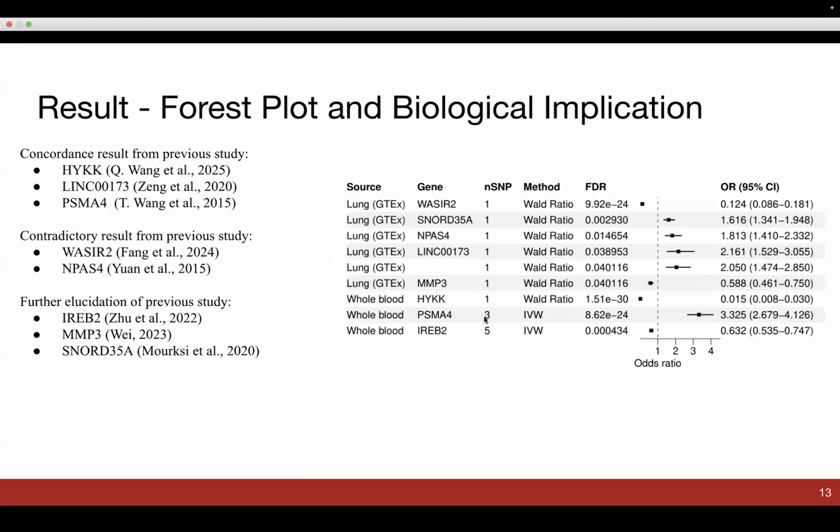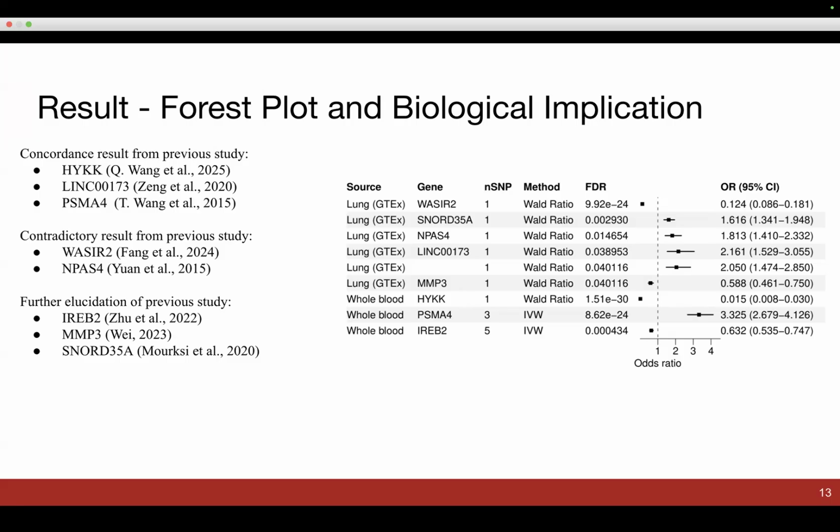Here I'm going to dive a little bit deeper into the specific results through this next plot. Basically, this plot shows the 95% confidence interval of the effect range of each gene. You also see the method the result is derived from, as Leo mentioned before. We also have the significance value and the source of each result, and the number of SNPs is also listed here.